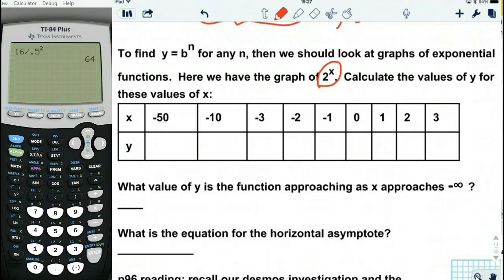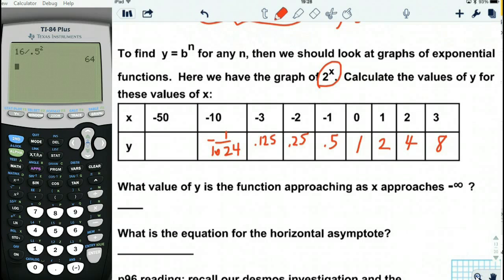2 to the 0, of course, is always 1. 2 to the 1 is 2. 2 squared is 4. 2 to the third is 8. 2 to the negative 1 is 0.5. 2 to the negative 2 is 1/4, so it's 0.25. 2 to the negative 3 is 1 over 8, so that would be 0.125. 2 to the negative 10 would be 1 over 1024.